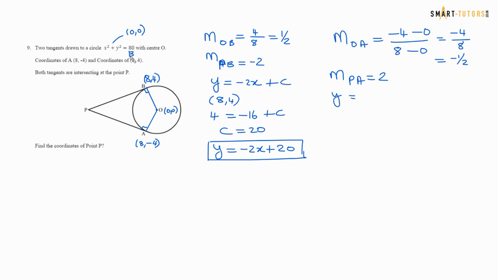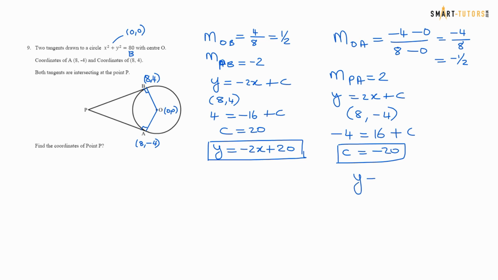So y equals 2x plus c. The coordinates are 8, minus 4, so minus 4 equals 16 plus c, so c equals minus 20. So the equation of the straight line is y equals 2x minus 20. So we found two equations.